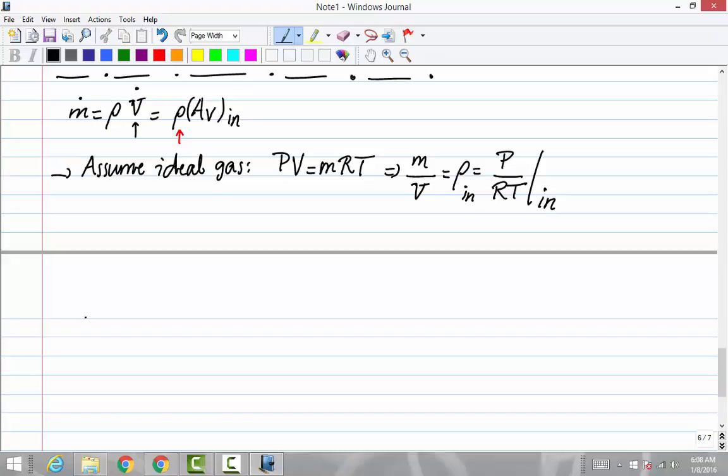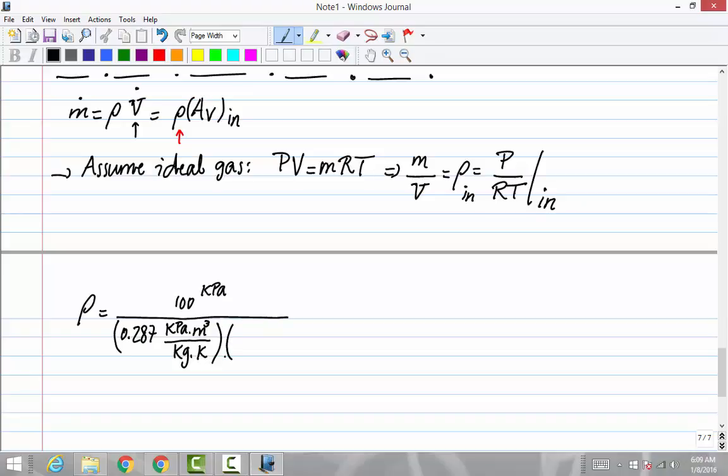So let's solve for rho in, or rho in general, because density is constant. Rho equals P over RT. P was 100 kPa at the inlet. R is 287 kPa times meters cubed divided by kilogram Kelvin.